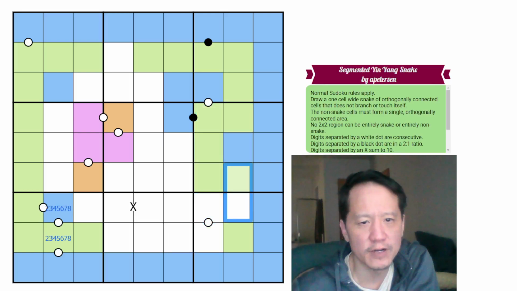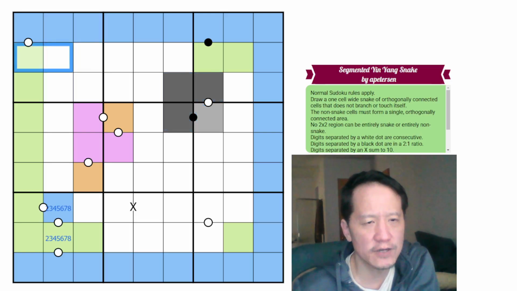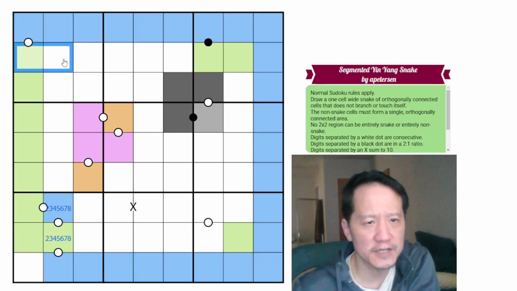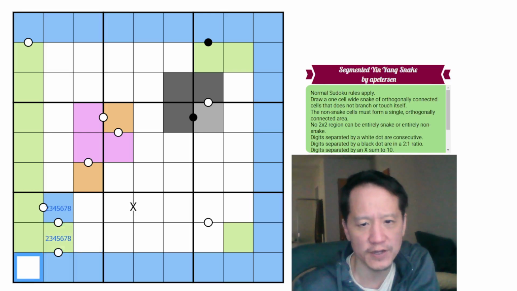This is not correct. Because we don't... Right. It could stop at any time. So this actually doesn't have to go that way. We know that this cannot be part of the snake because this doesn't have to go that way. Okay, so that's one thing about the snake that's not correct.